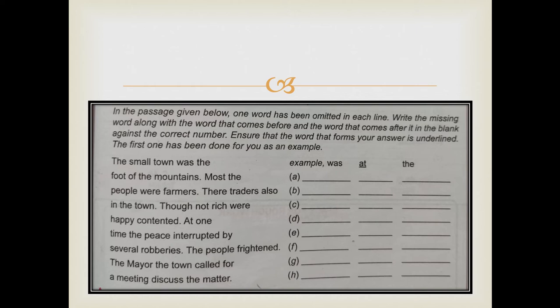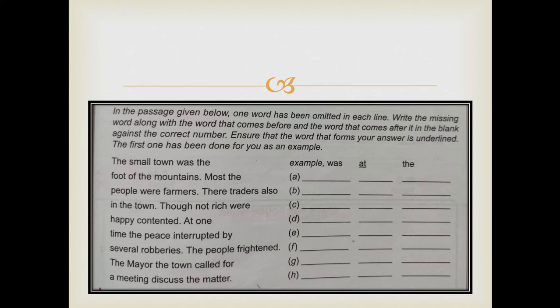So there were traders also in the town, and we have to underline the word were. That we have to keep in mind. Though not rich, they were happy and contented.